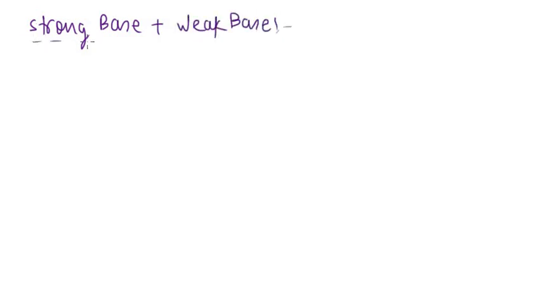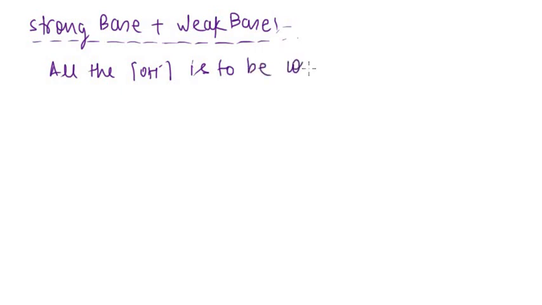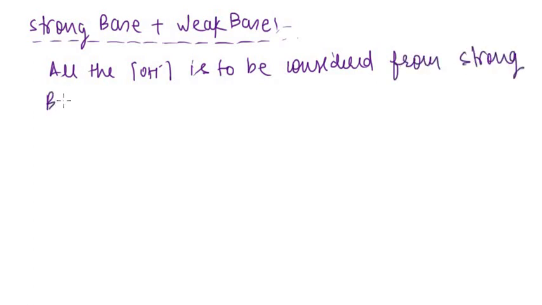When we mix a strong base with a weak base, we know all the OH negative is to be considered from the strong base only. So we consider that the OH negative is coming from the strong base.